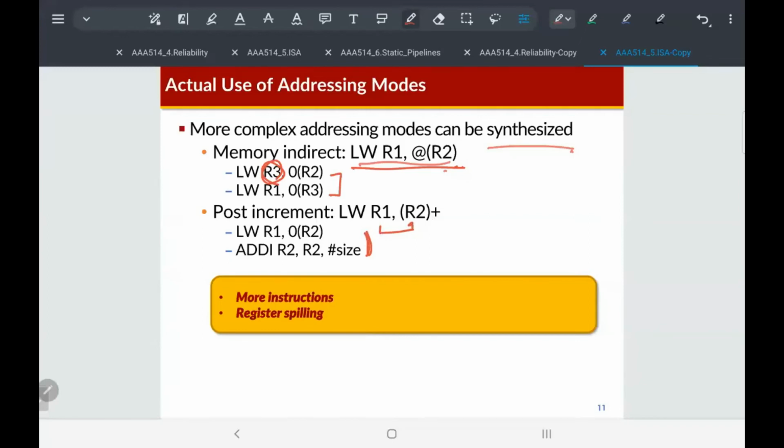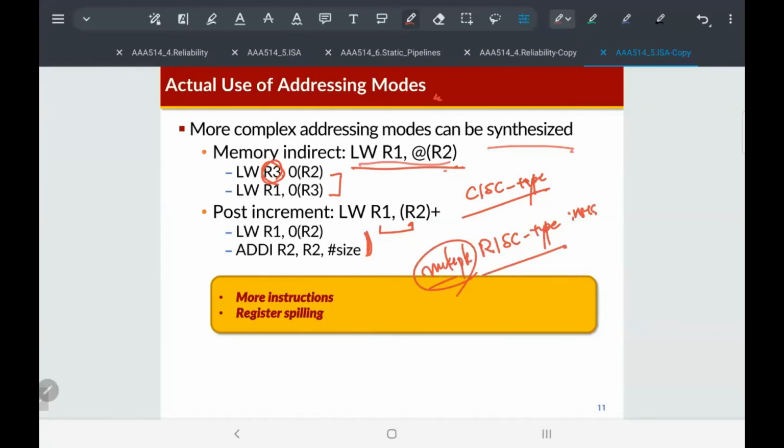So this is the actual use of addressing modes. Why do I explain this? Even though the RISC type ISA does not support more complex instructions, we can implement them using multiple simpler RISC type instructions.